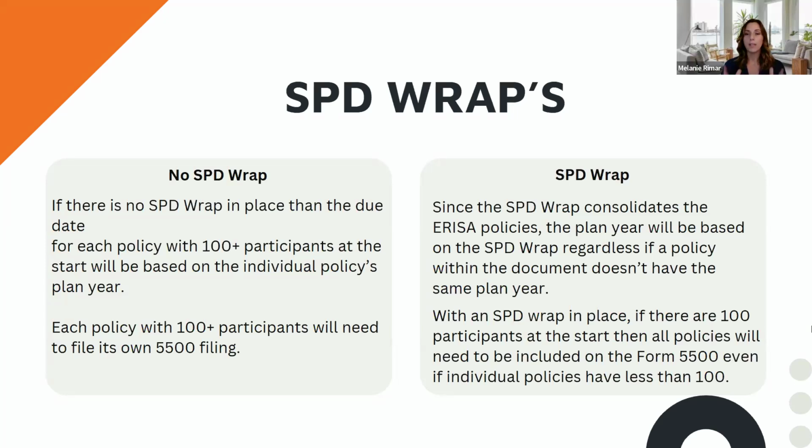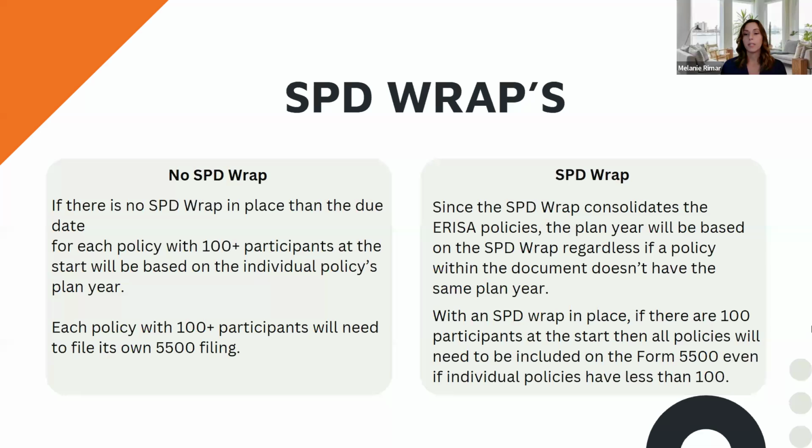Now, when you have an SPD wrap, again, this consolidates your ERISA policies into one document, so one plan. The plan year will be based on the SPD wrap, regardless if a policy within that document doesn't have the same plan year.